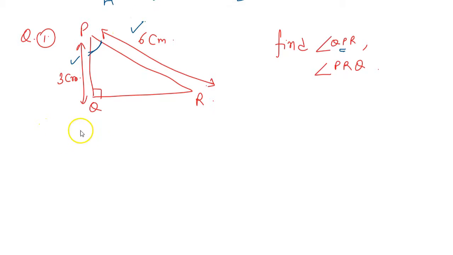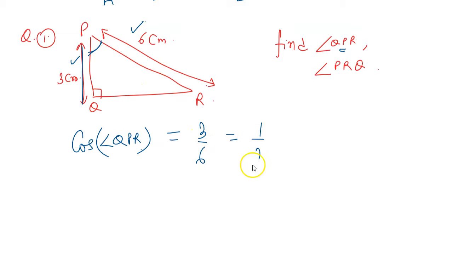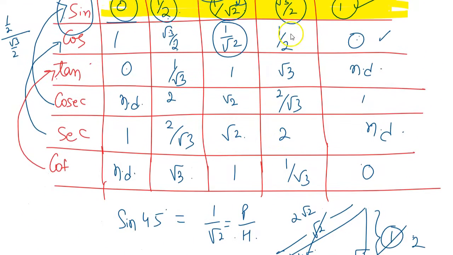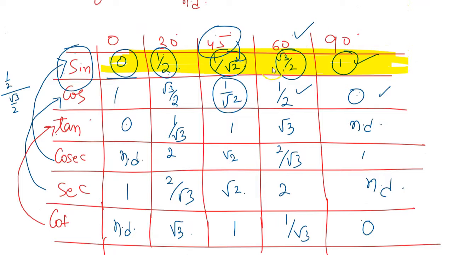So, cos of angle QPR is equal to base by hypotenuse. So, 3 by 6, that is 1 by 2. Now you have to look at the table, guys, for what value of cos the value comes out to be 1 by 2. It is 60 degree.